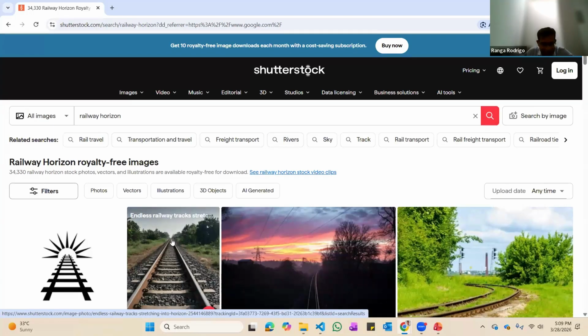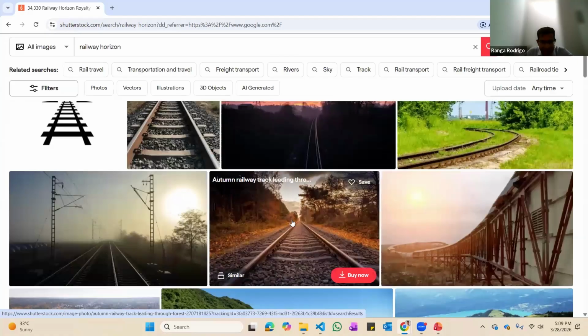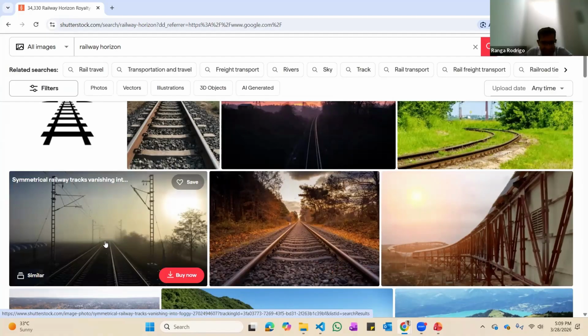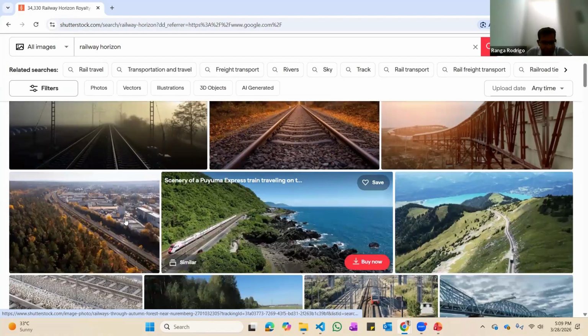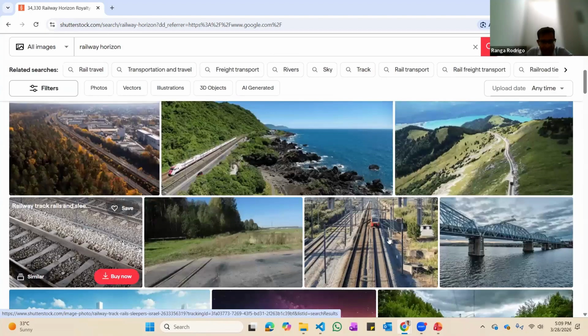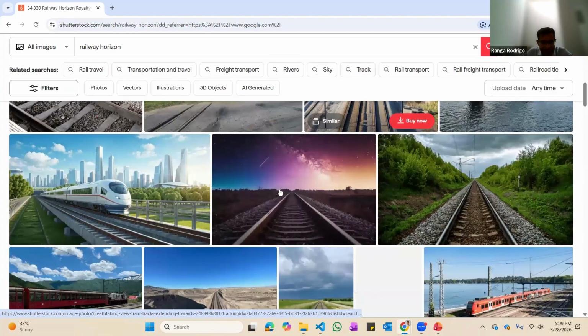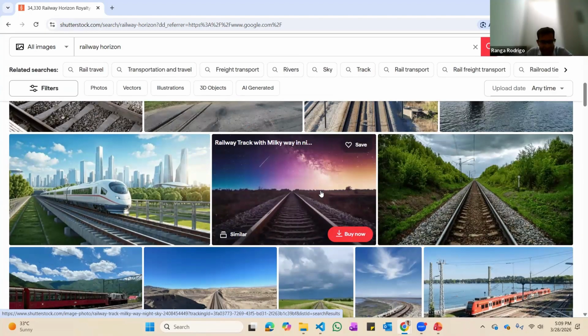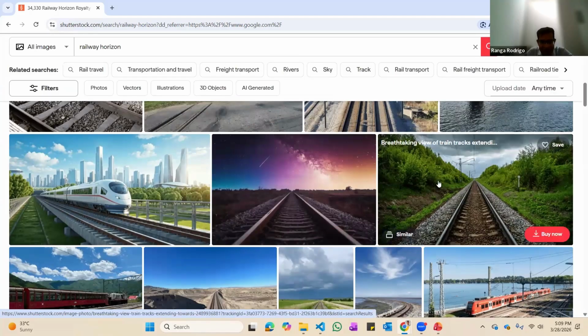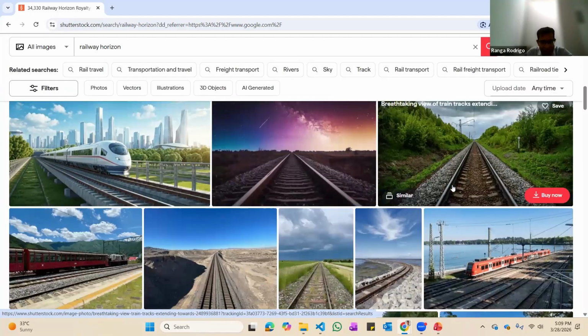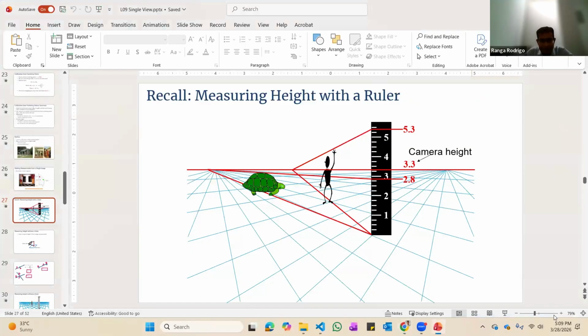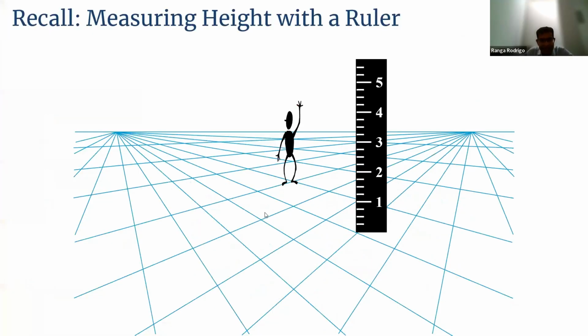Railway tracks, you know, are parallel, and they meet at the horizon. Horizon is a place where sky touches the earth. In any direction, this is true. This is exactly the horizon, that's where they meet. It's a beautiful thing.